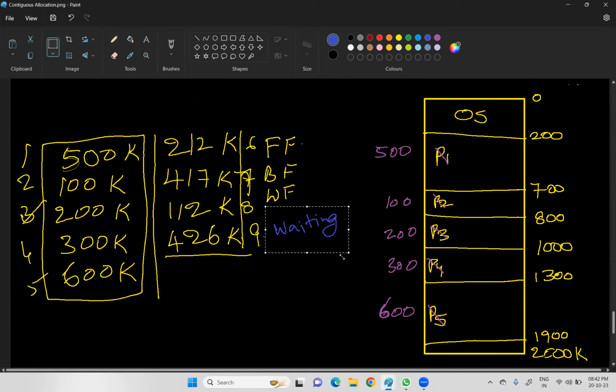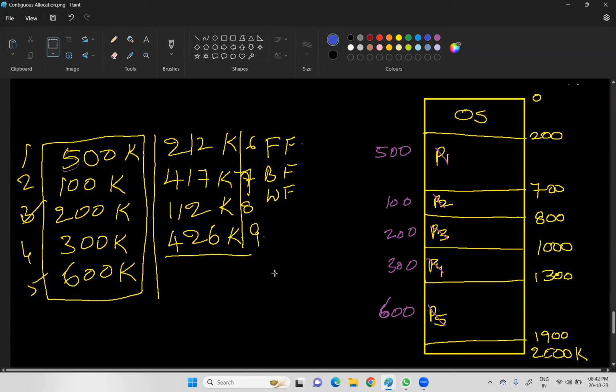Now taking best fit. Best fit means allocate the smallest hole that is big enough for the process. The internal fragmentation left over by best fit is the smallest. That is the meaning.